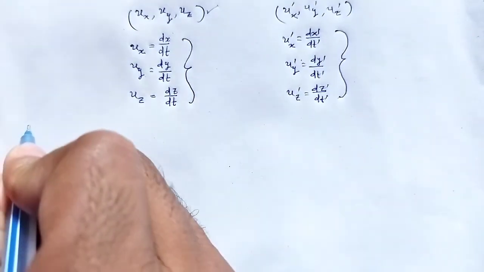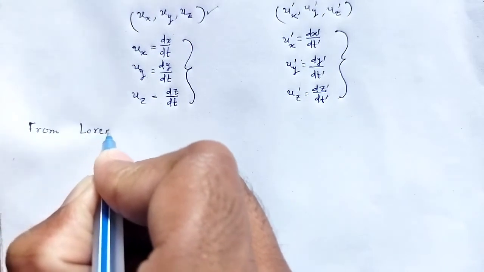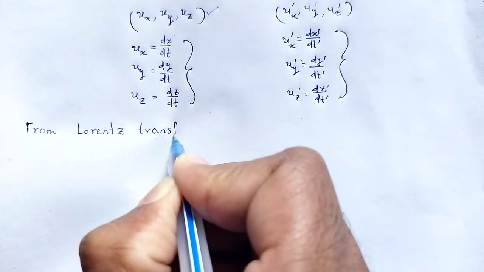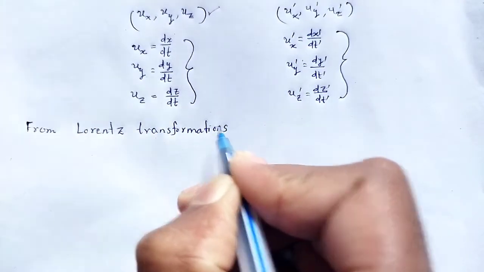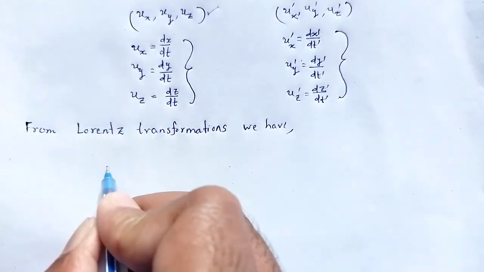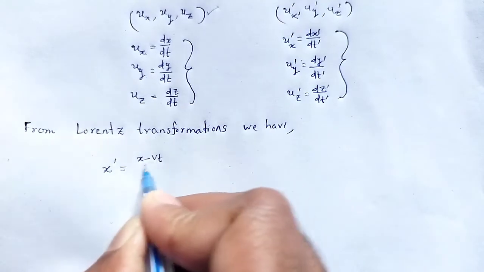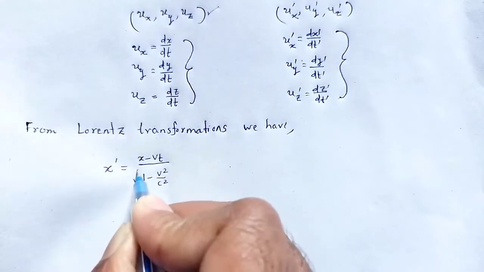So from Lorentz transformations, we have x dash is equal to x minus vt divided by the square root of 1 minus v square by c square.